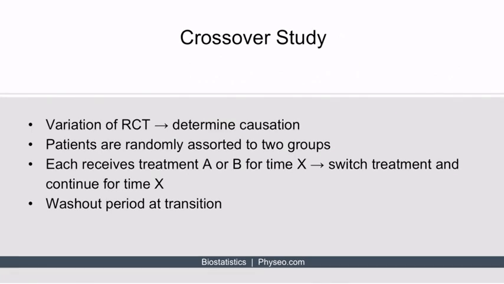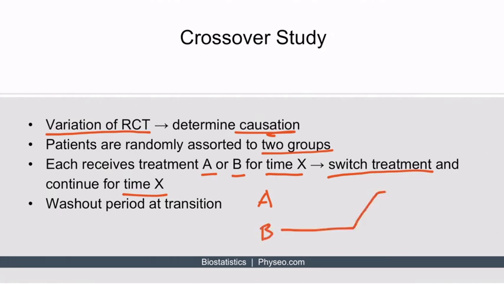Now let's talk about a crossover study. This is a variation of randomized controlled trials, therefore they can determine causation. In crossover studies, patients are randomly assorted into two groups. Each receives treatment A or B for time X. Then they switch treatment and continue for another time X. So in other words, you have A, B, and then they switch.